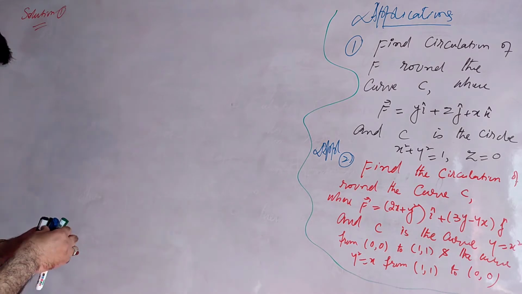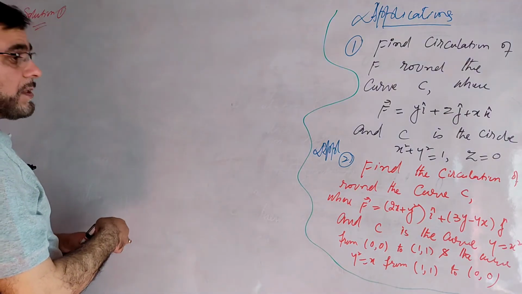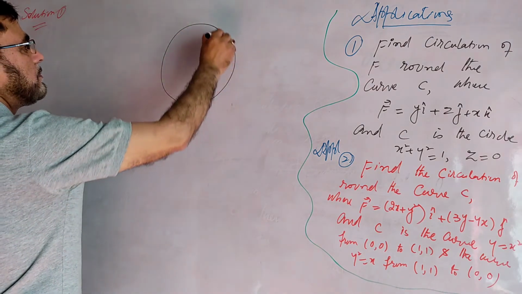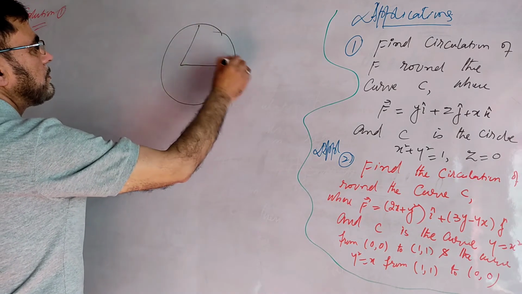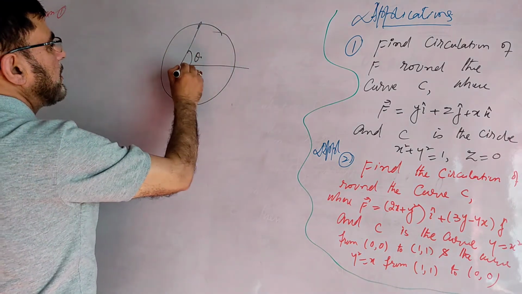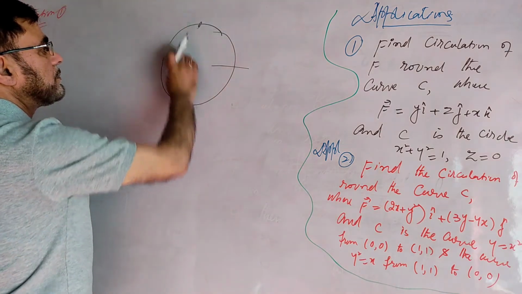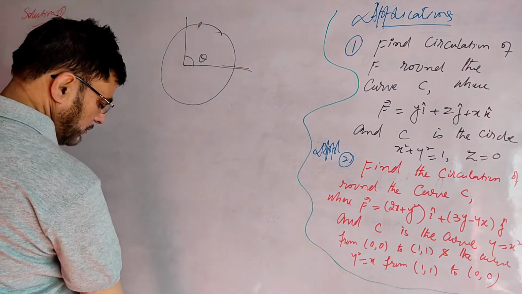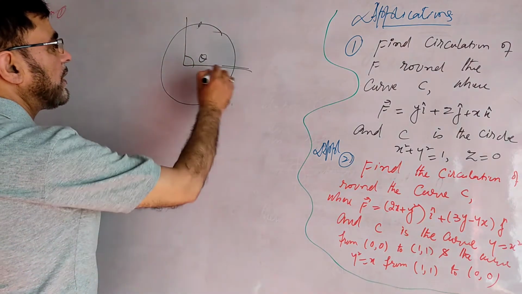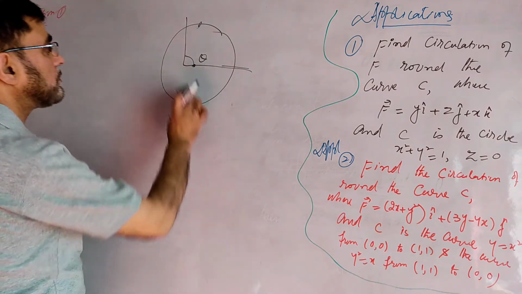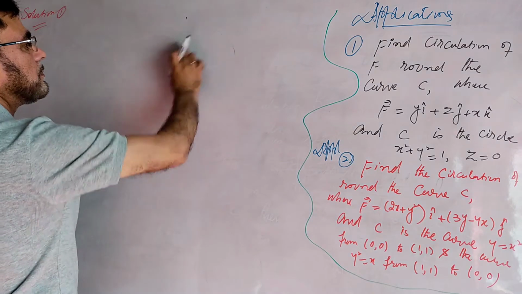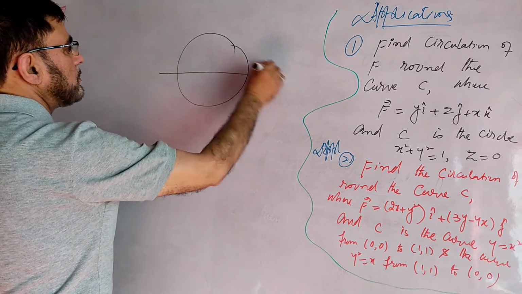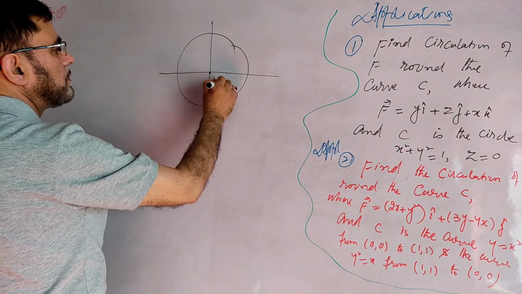You are given a circle. Take this theta here. This is your origin.